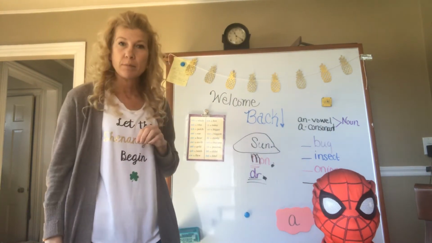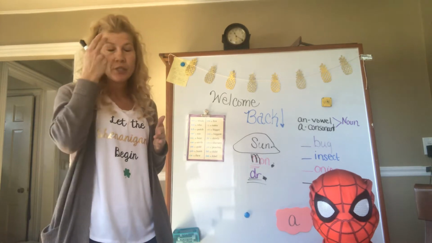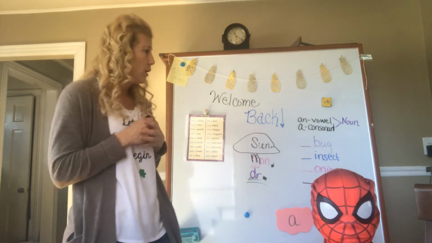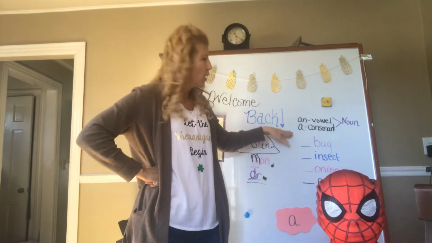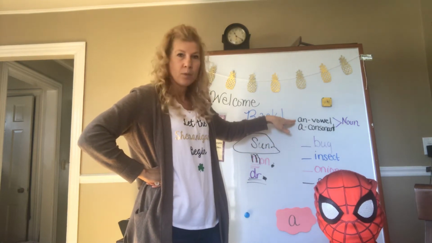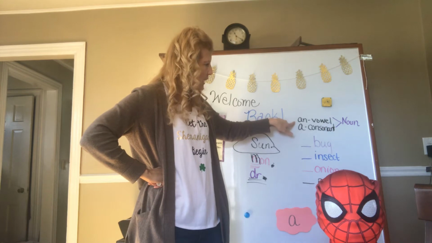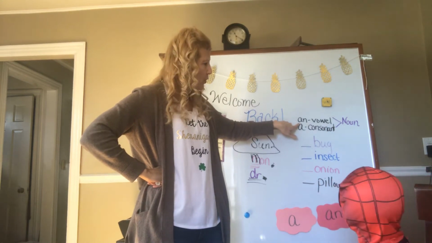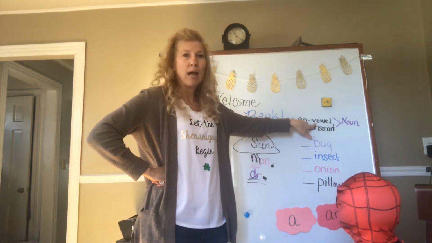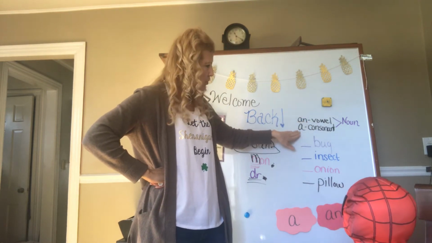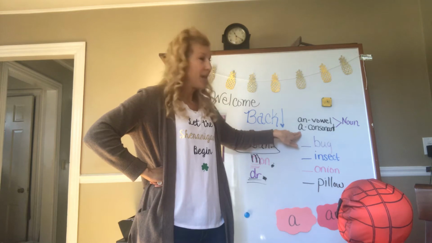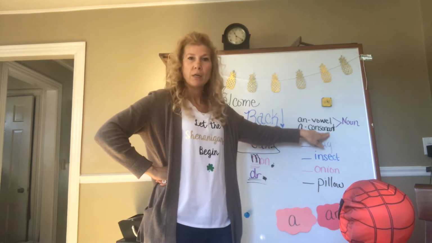Now, sometimes when we are going to add an adjective on to our noun, we have to look and use specific words. When we have the word "an," you'll notice, Spidey, what does "an" go with? When we have the word "an," it has a noun that starts with a vowel. If we use "a," the noun has to start with a consonant.